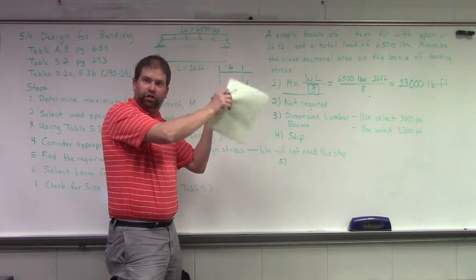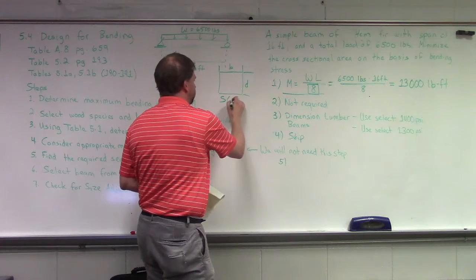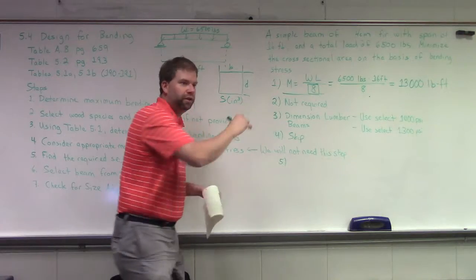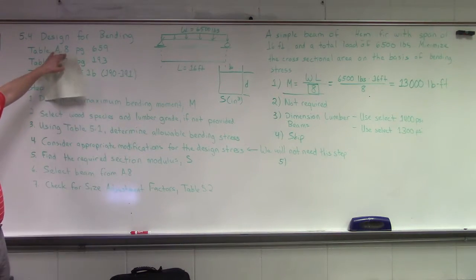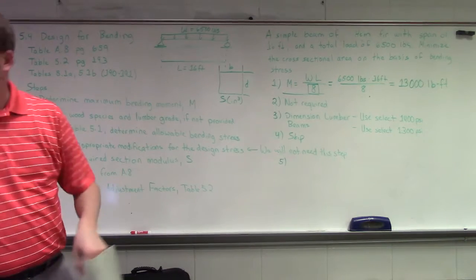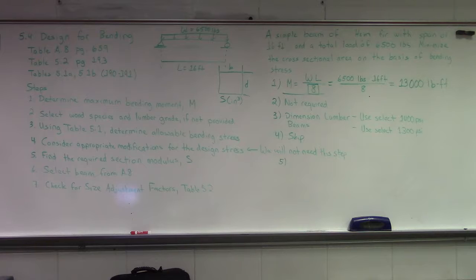But your section modulus is going to be per foot. So your units in S are going to be cubic inches. If you go to table A.8 on page 659, okay, so table A.8.